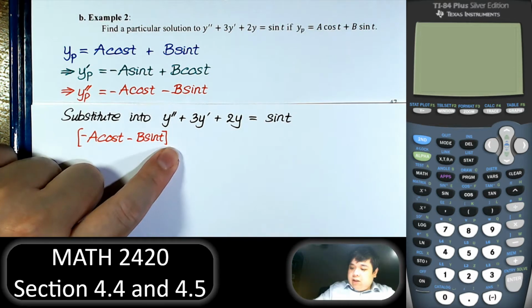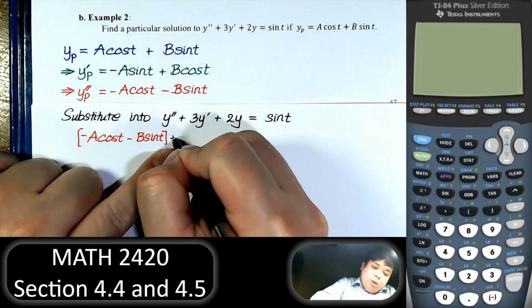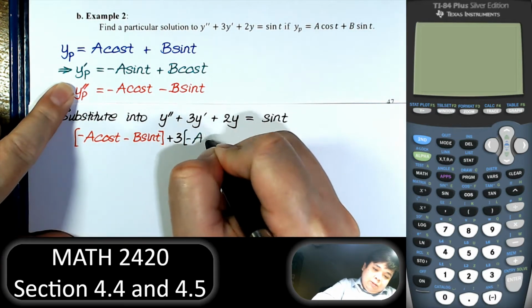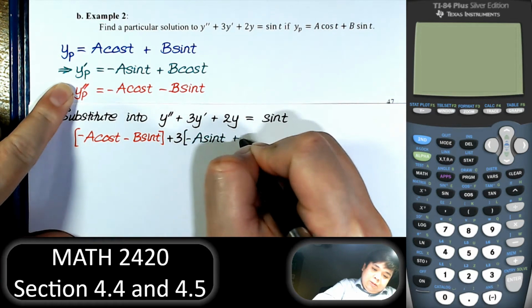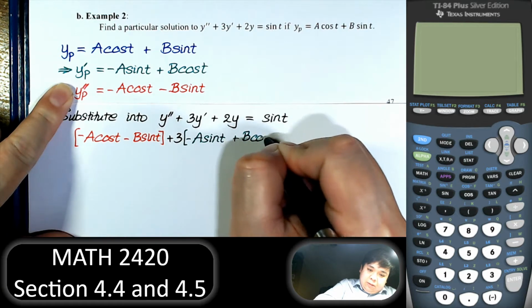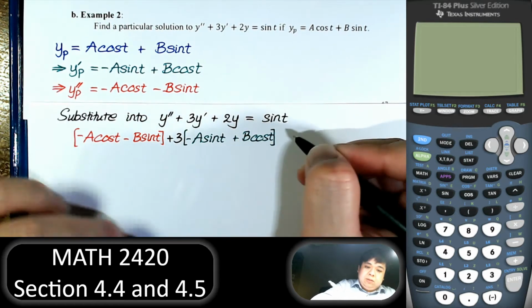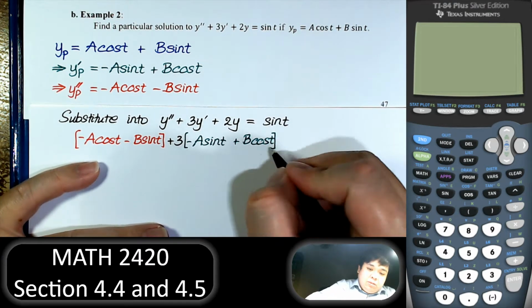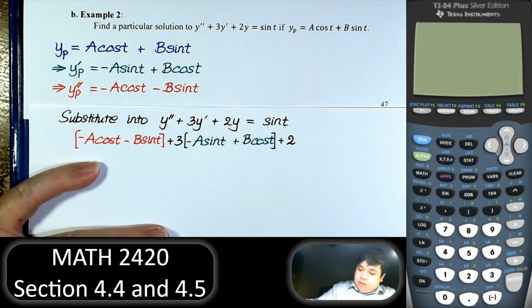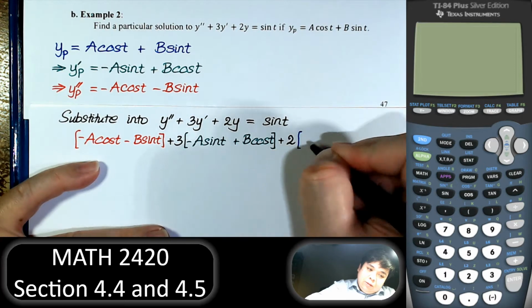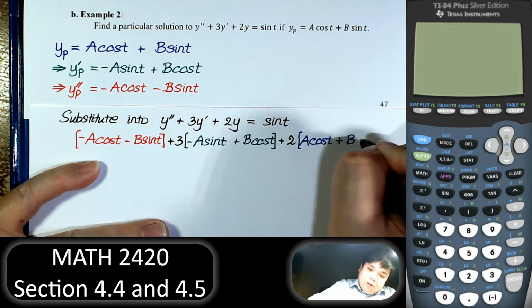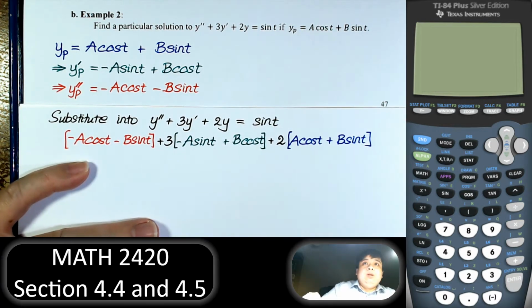Plus 3 times the derivative, and then plus 2 times the function, equal to sine t.